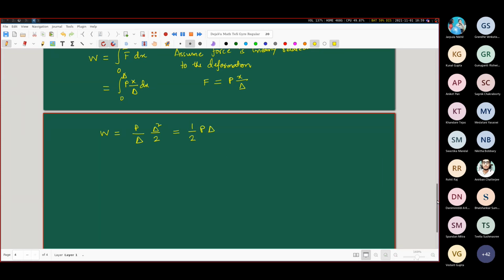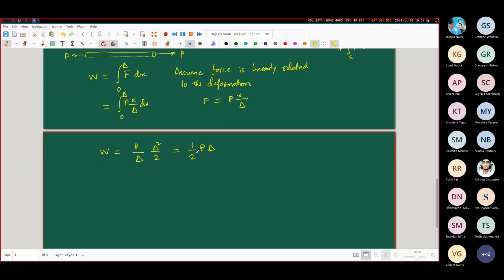It is as if this half of P is the average force that is being applied on this rod. That average force times the total increment in the length of the rod is the total work done. And this is going to be equal to the change in the strain energy, and that follows from our simplified version of the first law of thermodynamics.